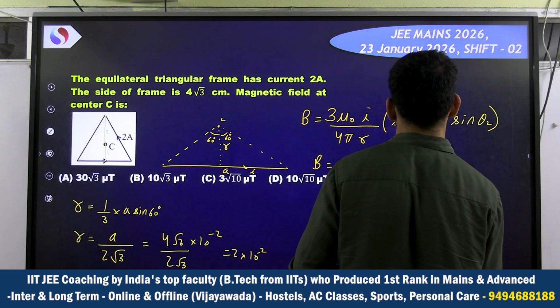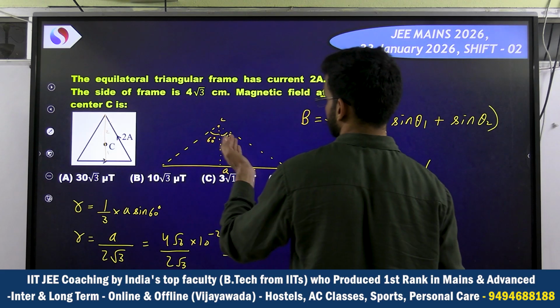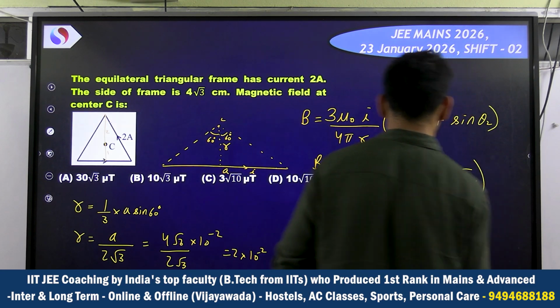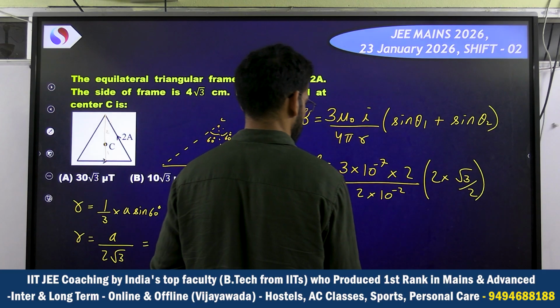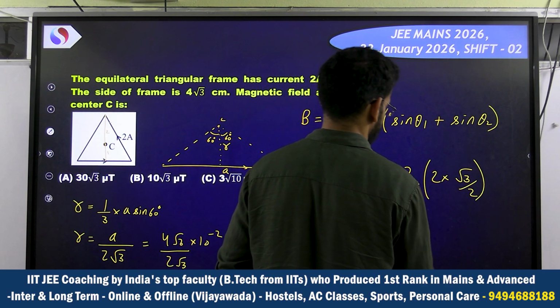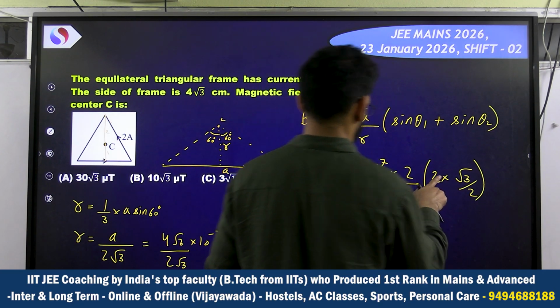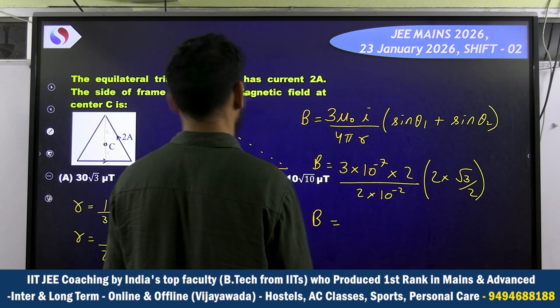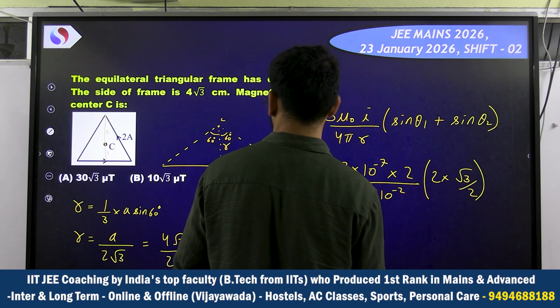And sine theta 1 plus sine theta 2 means both are equal only, sine 60, sine 60. So 2 times sine 60, that is root 3 by 2. So magnetic field, how much? The 2 cancels out here, and we get 3 root 3, and this is 10 to the power minus 5.